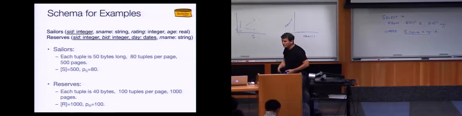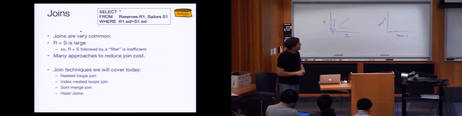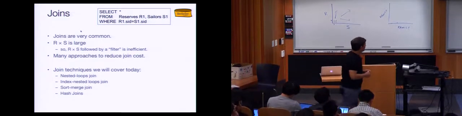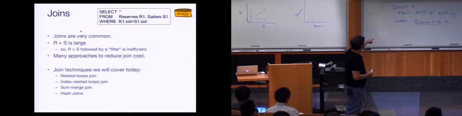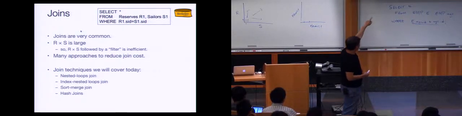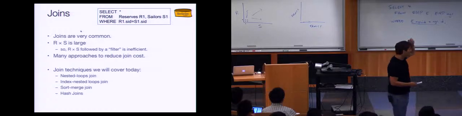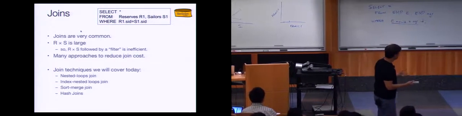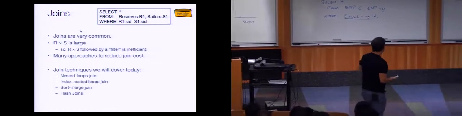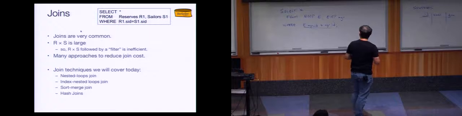And notation. Okay. So here's an example of a join query at the top. We already put some examples on the board. In fact, this example is almost identical to that example. It's just got two different tables. So I'm pairing up sailors and their reservations. So find all pairs of reservations and sailors such that the reservation sailor ID is the sailor ID. Joins are very common. The cross product would be really big.